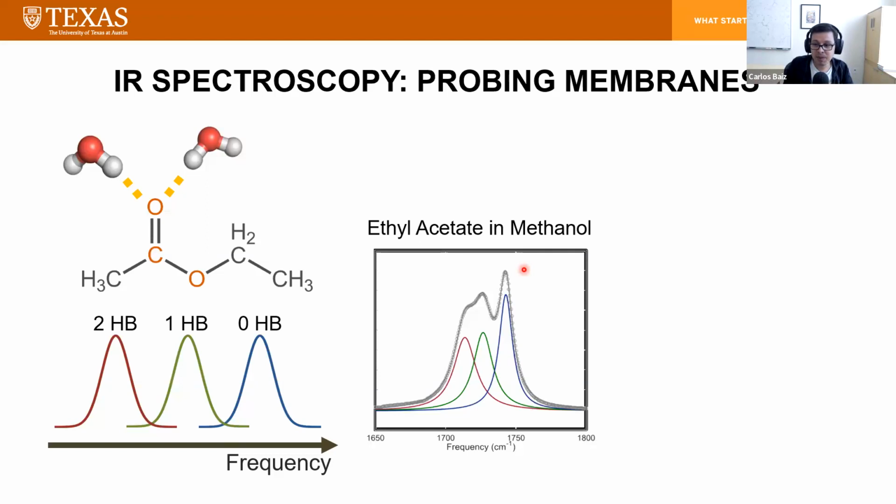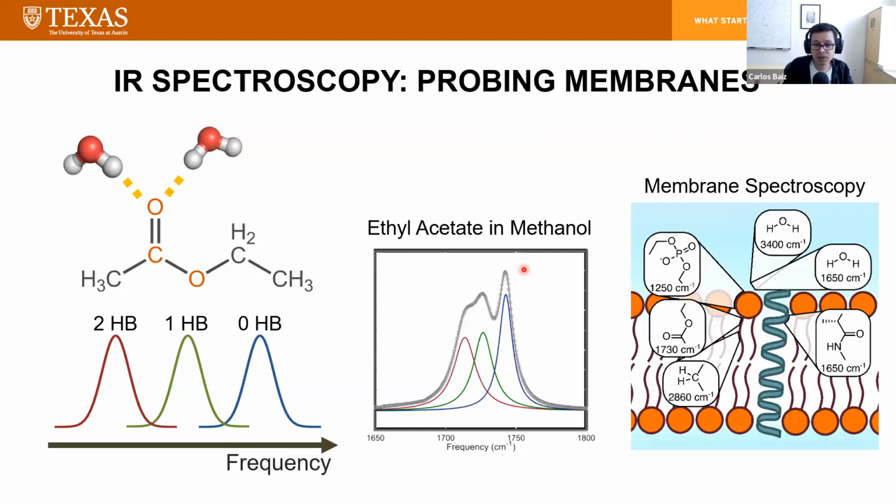In the case of lipid membranes, natural lipids, there are many different vibrational probes that you can use in a similar way. So this is a cartoon here showing some of the vibrational modes that we've used, as well as other groups have used in the context of IR spectroscopy to be able to probe different properties or different environments within the lipid membranes.